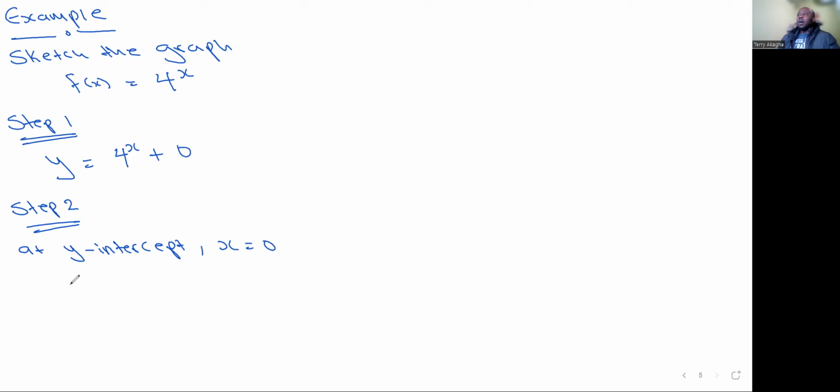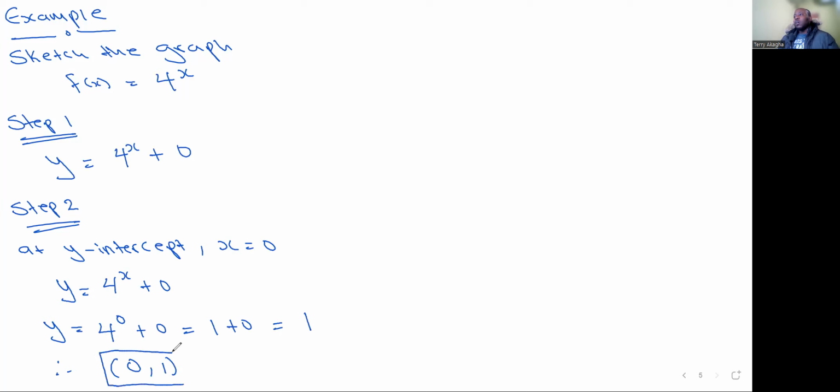We're going to have y equal to 4 raised to the power 0 plus 0. Remember that anything raised to the power 0 is equal to 1, from the laws of indices. So that gives us 1 plus 0, therefore y is equal to 1. So when x is 0, y is 1. This is the y-intercept. Good, now we've drawn the y-intercept.